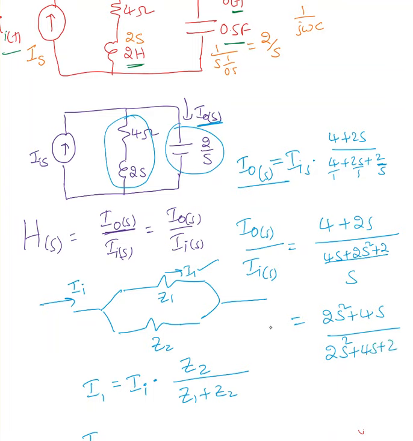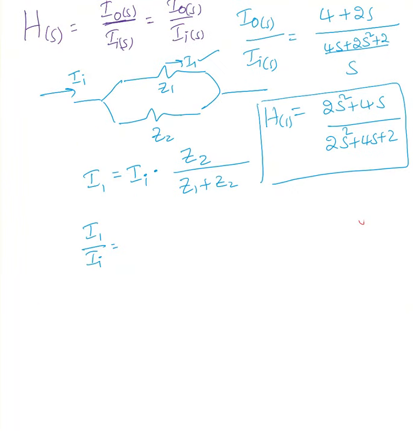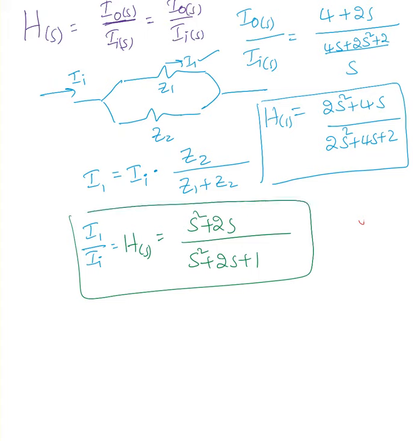This is my transfer function h of s. I can simplify a little bit further by taking out 2 as a common factor. So h of s equals s square plus 2s over s square plus 2s plus 1. This is my transfer function.